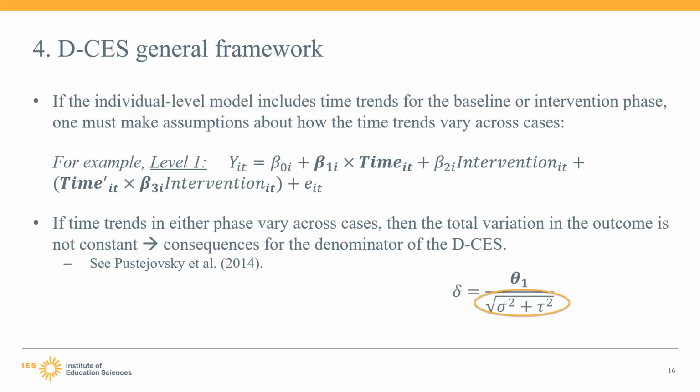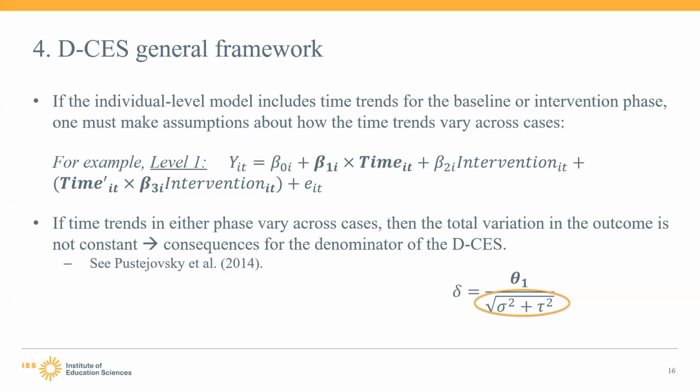So we might assume that the outcomes for case I follow a linear trend during the control condition, and that the introduction of the intervention leads to an initial change in level as well as a change in the slope of the time trends. In order to account for these time trends, the level 1 equation can be extended as displayed on this slide.